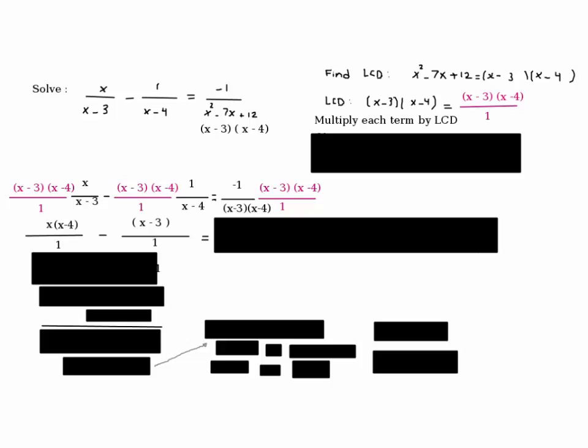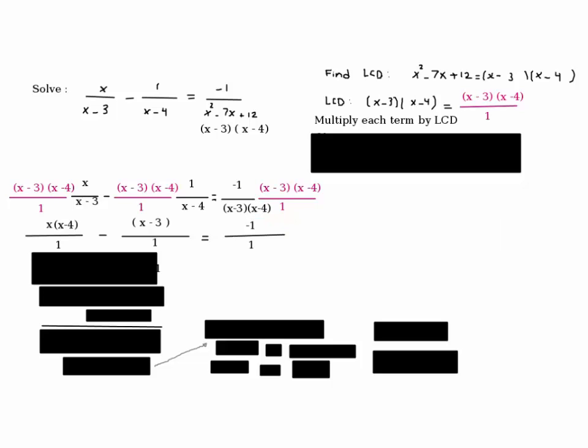If you look carefully, it's just -1, because x minus 3 and x minus 4 would cancel here. So you only end up with -1 here. Okay, good. I put the over 1 here for now, but we don't really need that. We need to distribute now.